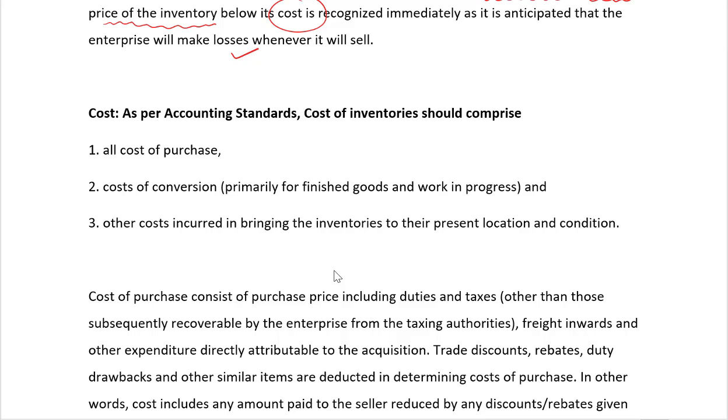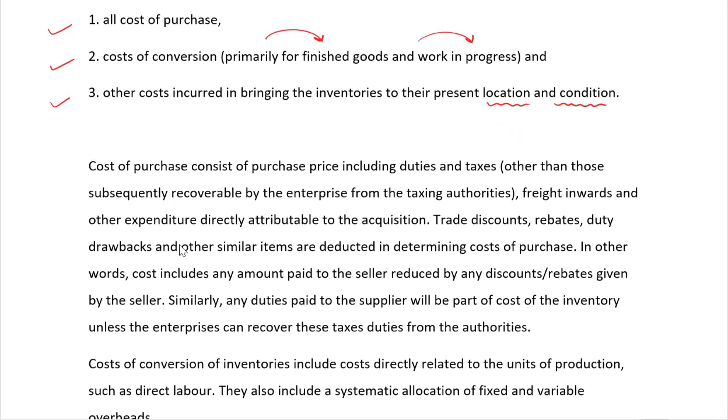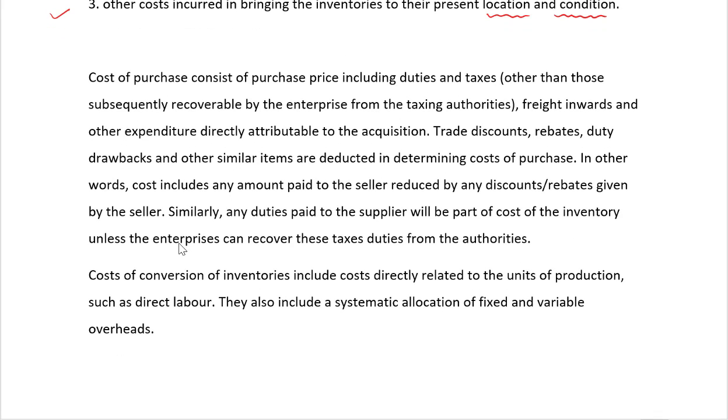As per Accounting Standard 2, cost of inventory should comprise of all cost of purchase, cost of conversion, that is primarily for finished goods and work in progress, and other costs incurred in bringing the inventories to their present location or present condition. Cost of purchase consists of purchase price including duties and taxes other than those subsequently recoverable by the enterprise.